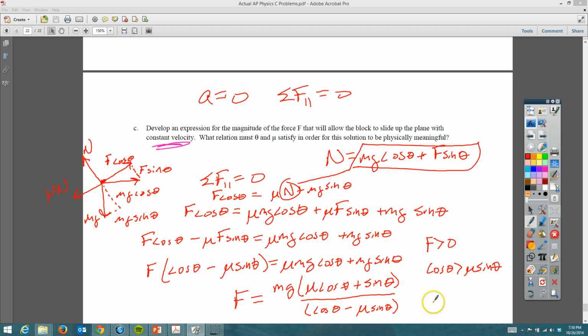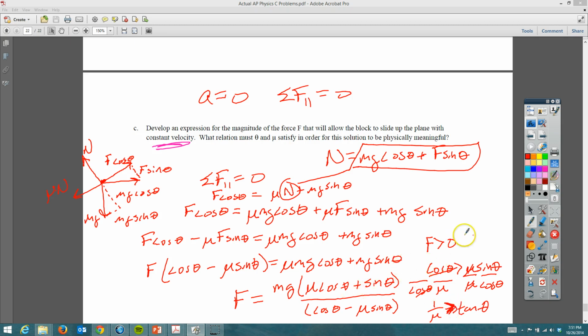So therefore, if we divide both sides by mu and then divide both sides by cosine of the angle, we're going to cross these off, this is cosine of the angle. Now we're going to say 1 over mu is greater than tangent of the angle. So that's the relationship.